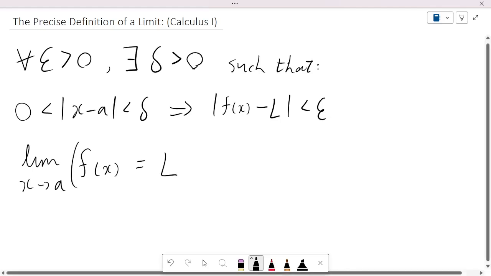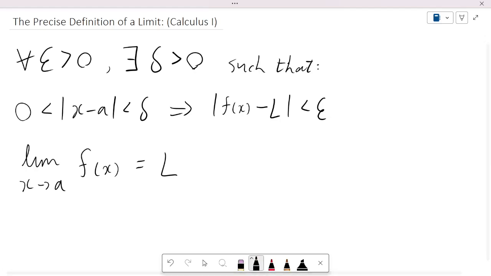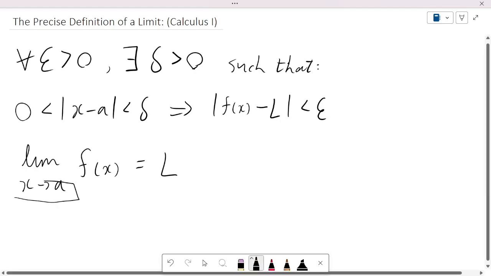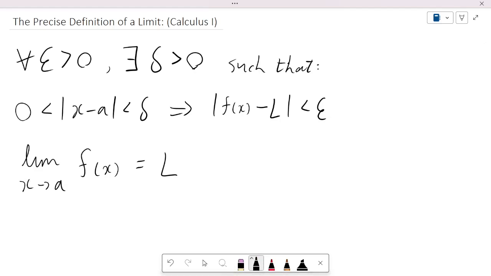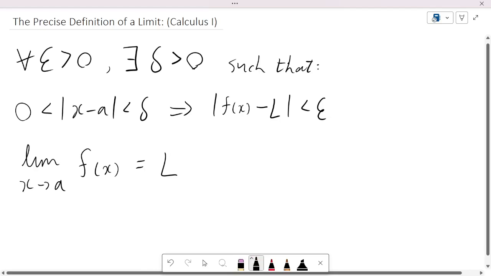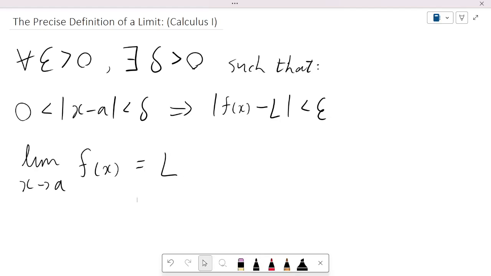Remember that we're going to have this limit of a function over here, and then if we plug in our a value into that function, or wherever x approaches, we'll get a certain value over here. So what we have over here is, sure, we have a proof over here, right? But how do we actually visualize all of this?